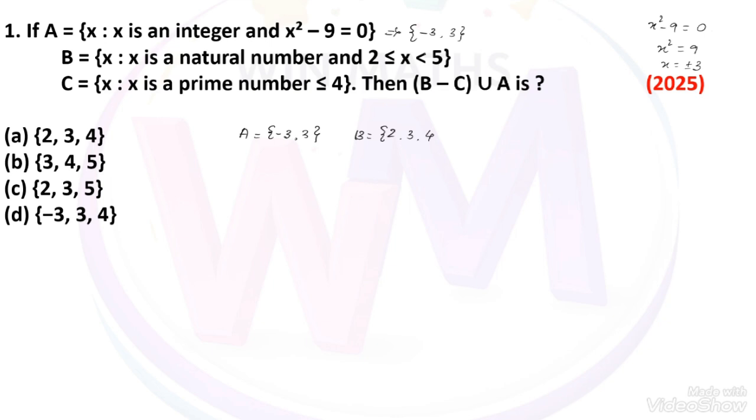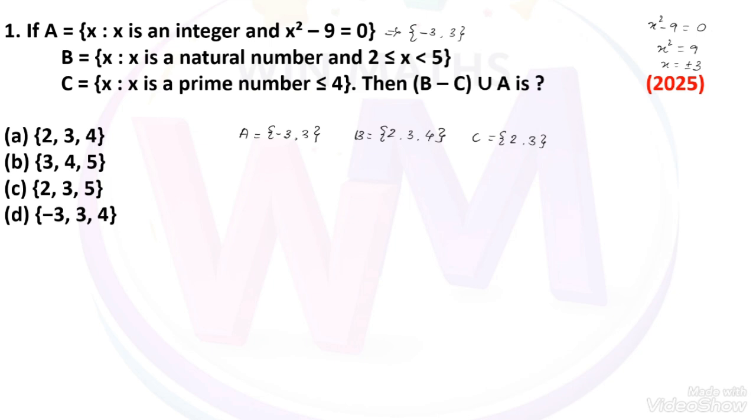But for 5, there is a strict condition, so 5 is not included. So the number of elements is 3, that is 2, 3, 4. Then C: x is a prime number less than 4. What are the prime numbers less than 4? That is 2 and 3. These are the elements of sets A, B, C.